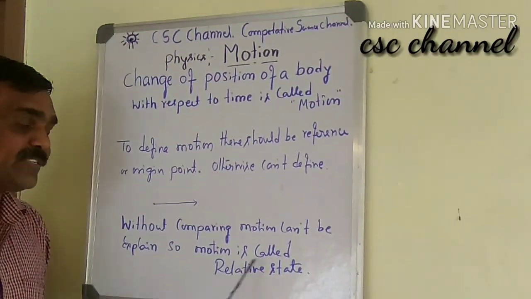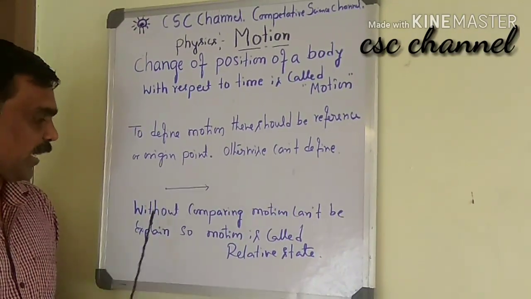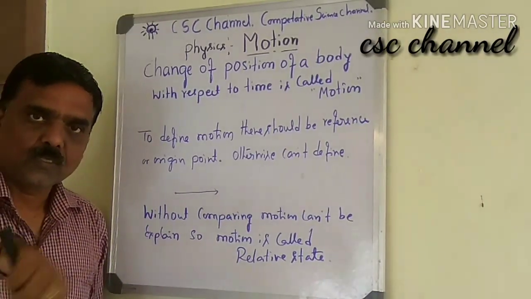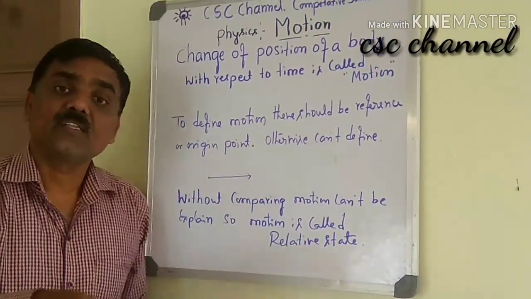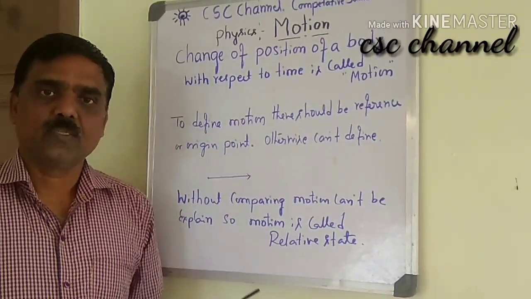Motion is a relative state. Without comparing, we cannot explain motion. For example, Earth is rotating, but we cannot identify that the earth is moving because we are standing on the earth.